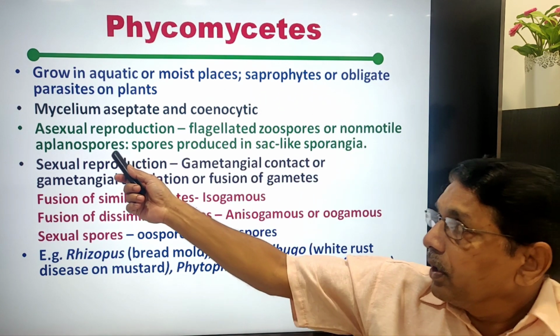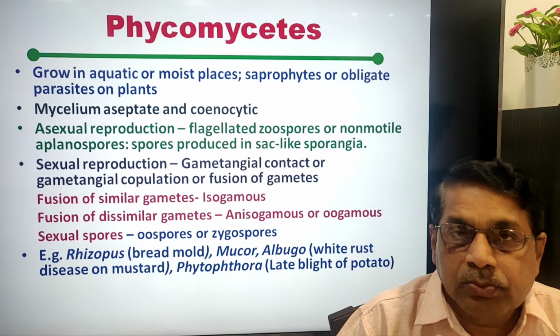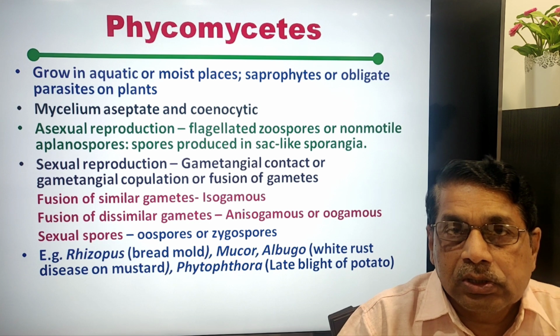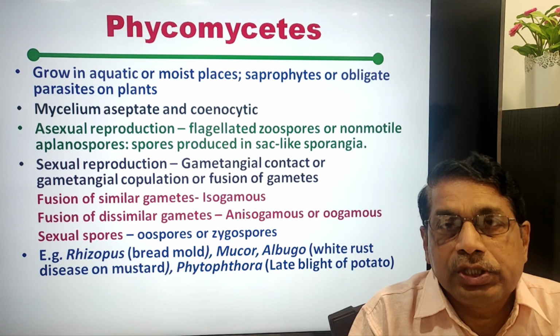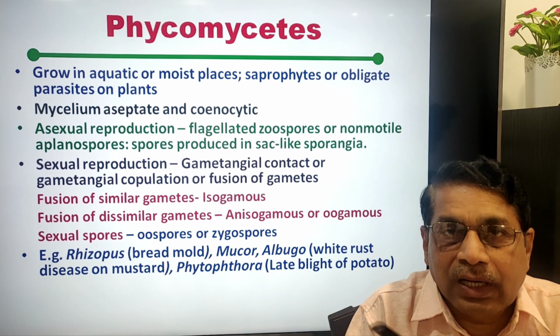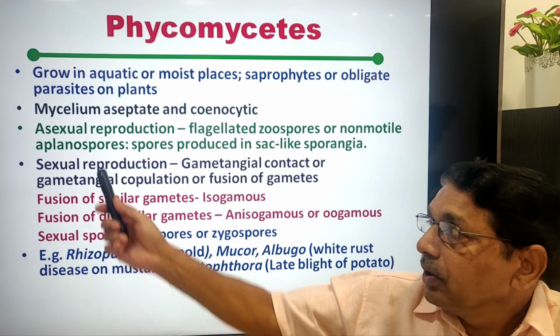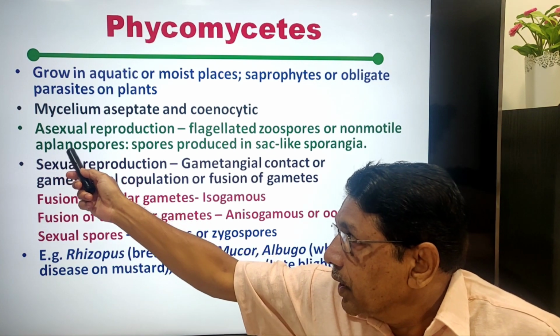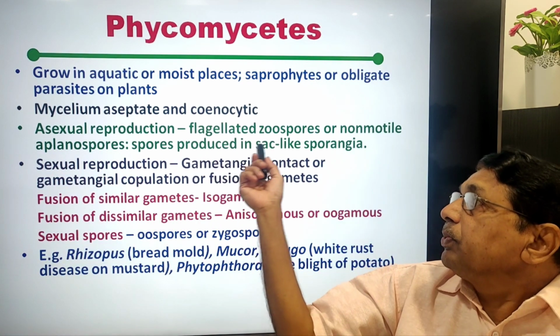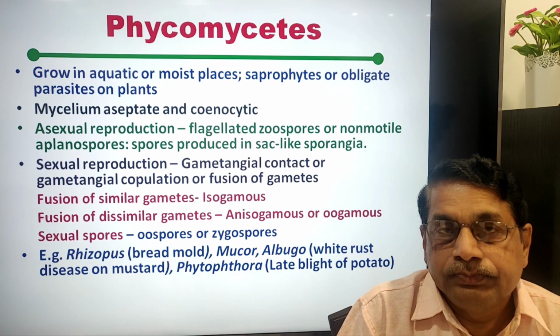Or non-motile aplanospores, like Mucor and Rhizopus. The spores are produced in sporangia, but they are dry, minute, light, and blown away by wind. They are called aplanospores, non-motile. Spores are produced in sac-like sporangia.